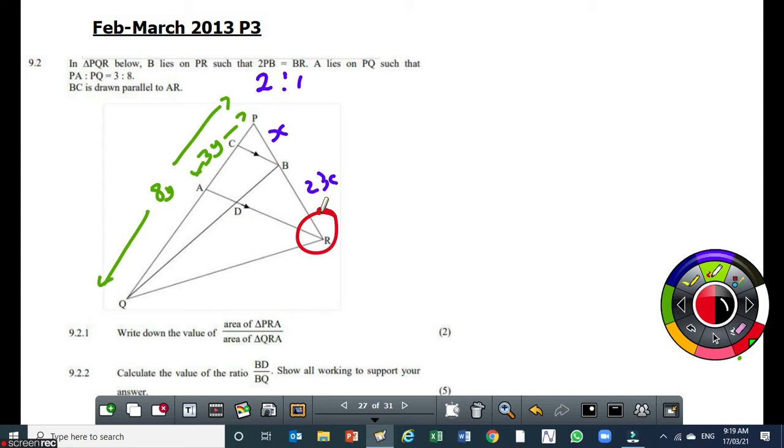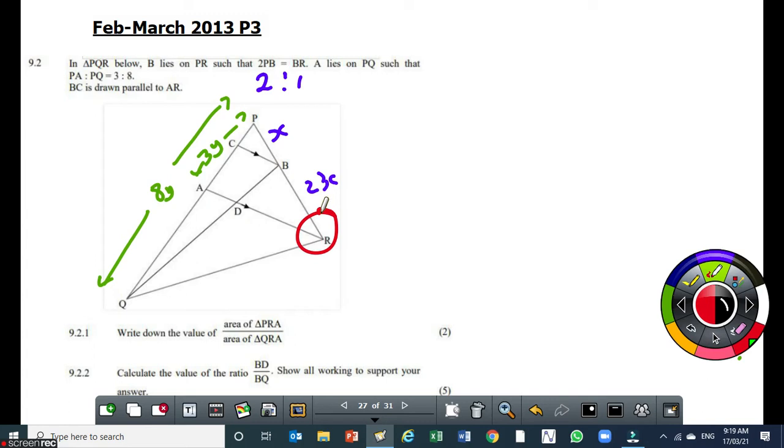It's not always that if triangles share a common vertex, then their heights are the same. No. Like for this situation here, the two triangles share a common vertex and their bases are on the same line, therefore their height is the same. Okay? Then you can say if they share a common height, it means the ratio of their areas will be equal to the ratio of their bases.